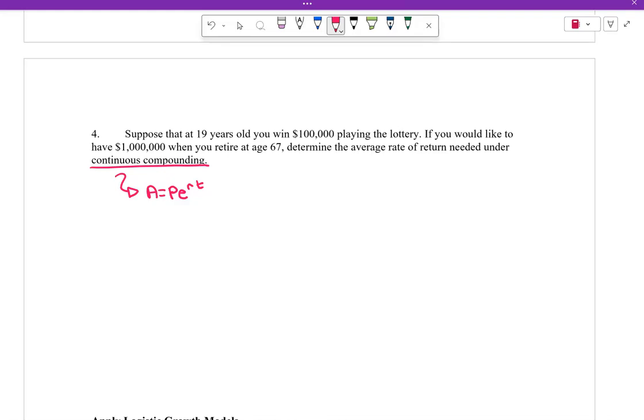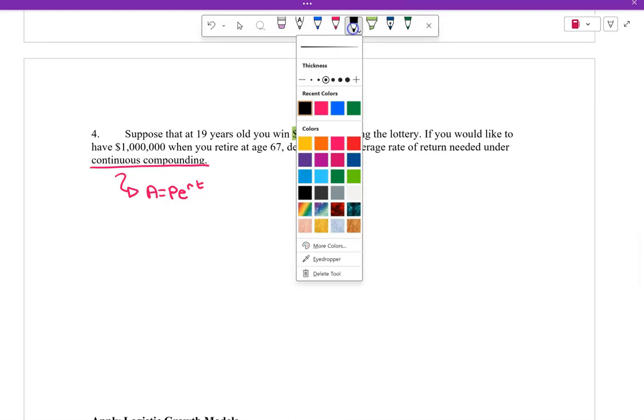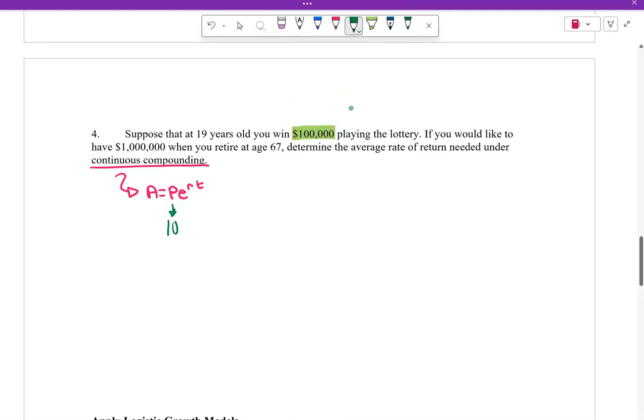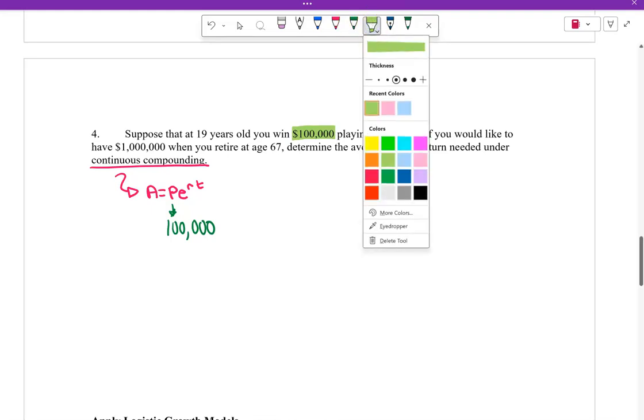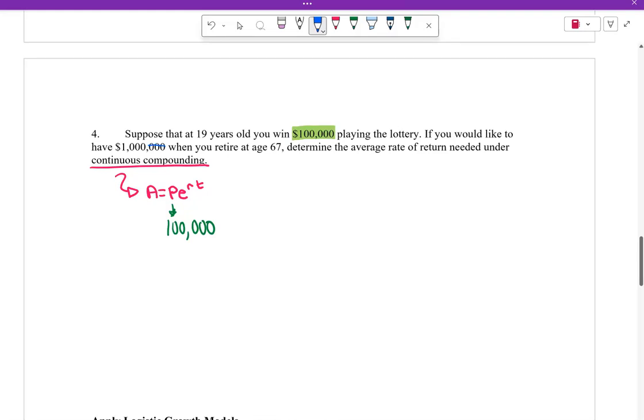It's just that we're trying to find the rate. So let's see. You're winning 100,000, so that is what we are starting with. So that's my P. You would like to have $1 million. So that's my A.